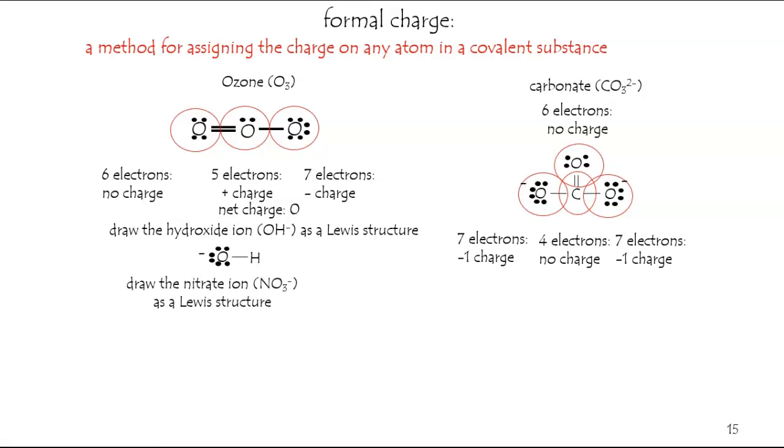Okay, nitrate. If you can do this one, then consider yourself a formal charge expert. I hope you drew that. Let's evaluate the charges. I think something's missing here. I like 7, so the minus charge there. I like 2, 4, 6, 7, so the negative charge on oxygen. Remember, it's supposed to have 6. Should we put a charge on that oxygen? 1, 2, 3, 4, 5, 6. No, it's perfect.